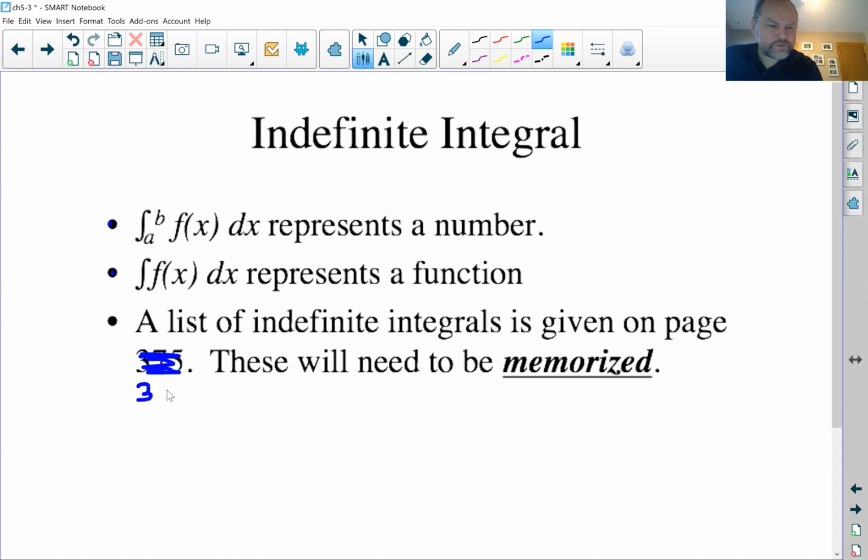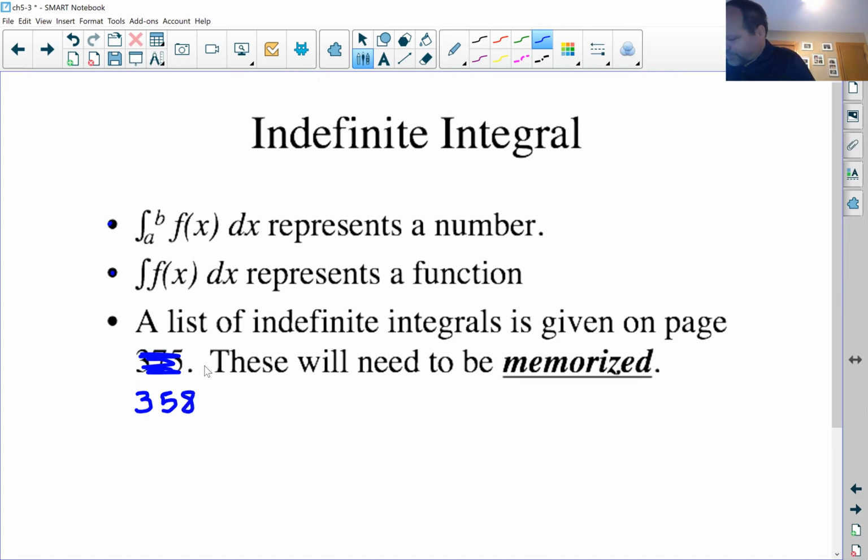In our old book, it was on page 375. In the new book, it's on page 358. There's a list of indefinite integrals.